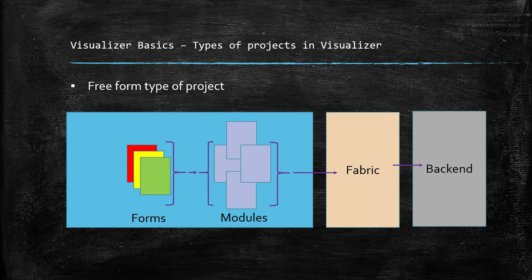So this is how the control flow would be in a free-form type of project. So clearly in a free-form type of project, we are lacking the code segregation or modularity.